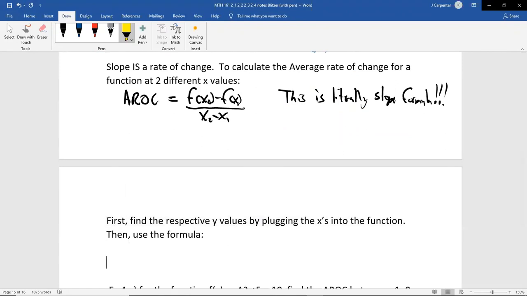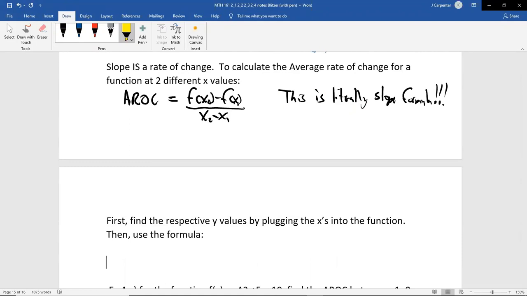So the first thing you do is find the respective y values. How do you find y values? Very simple. You plug in the x values and you evaluate it. So that gives you your point, your x1 and y1, but you're calling it x1 and f of x1. Or then when you plug in x2, you get f of x2. So again, this is just y2 and y1, just written in a different language.